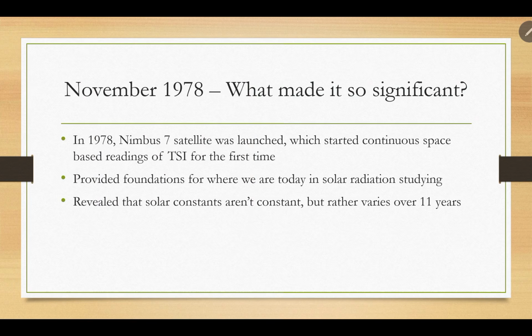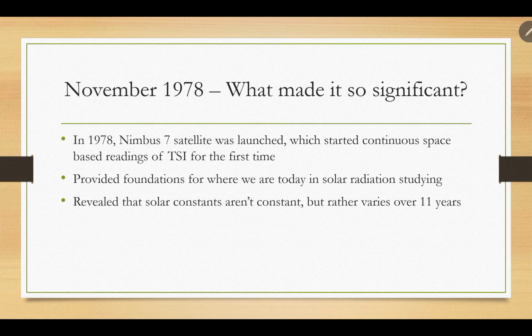November 1978, what made it so significant? So in November 1978, Nimbus 7 was a satellite that was launched, which started the first continuous space-based reading of TSI for the first time. And it provided a foundation to where we are today for solar radiation studying.